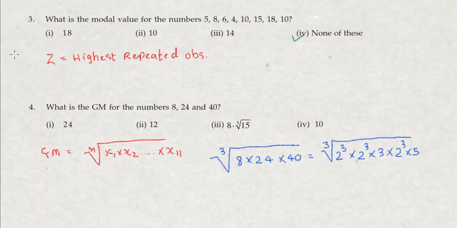Now I can take this 2 raised to 3 out of the cube root bracket, so I can say it is 2 into 2 into 2, and still we have to find out the cube root of 5 into 3 into 50. So we can easily say our answer is 8 into cube root of 50, which is number 3 in our case.